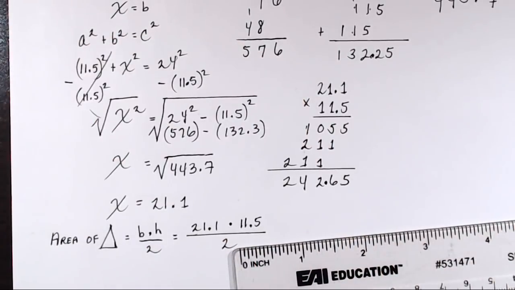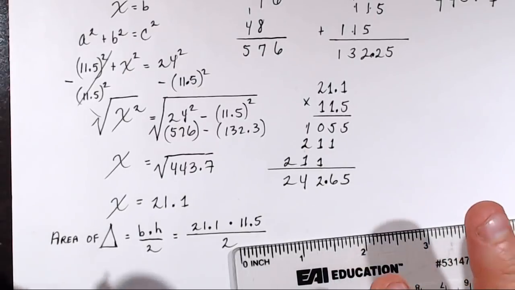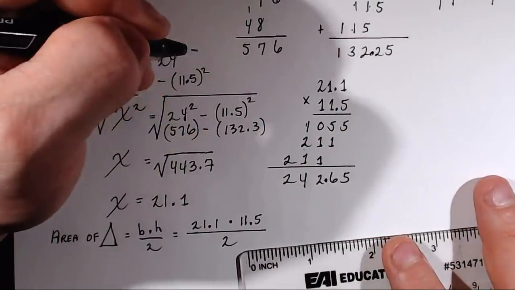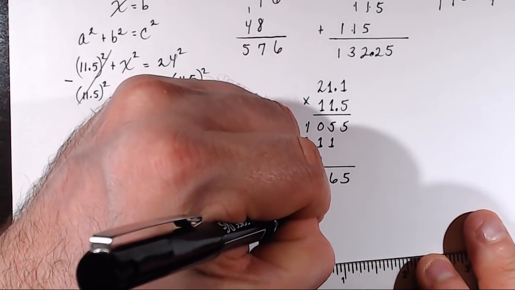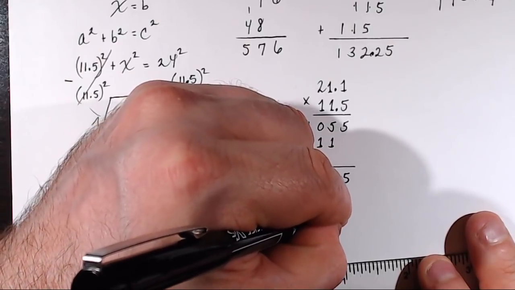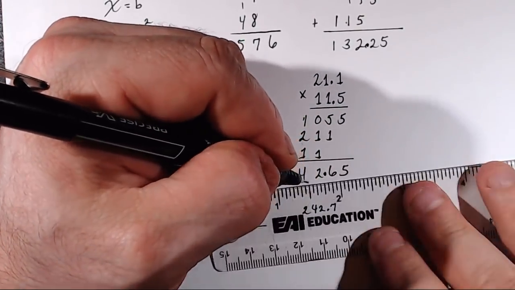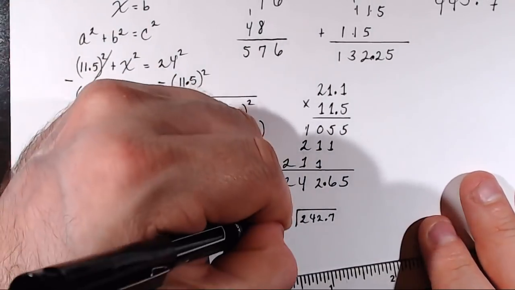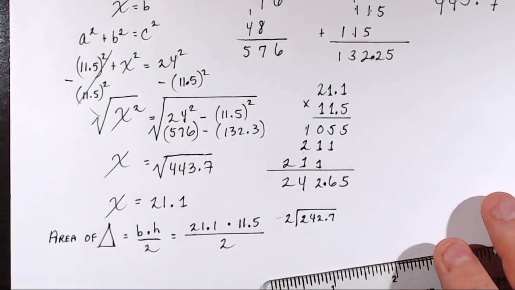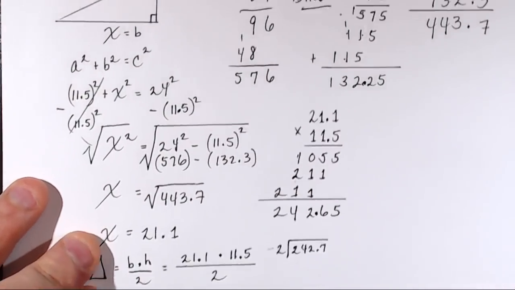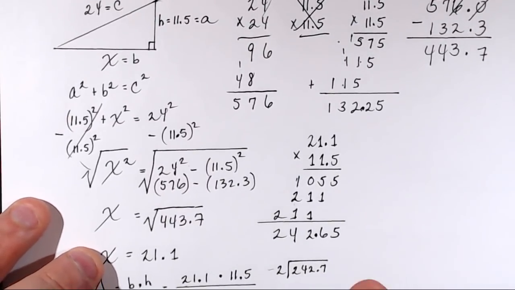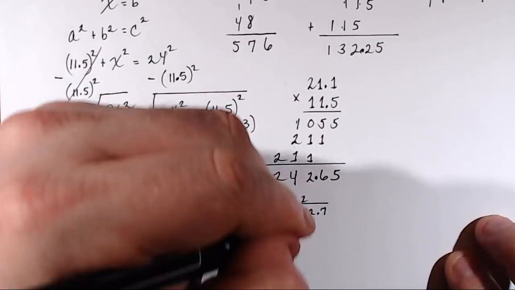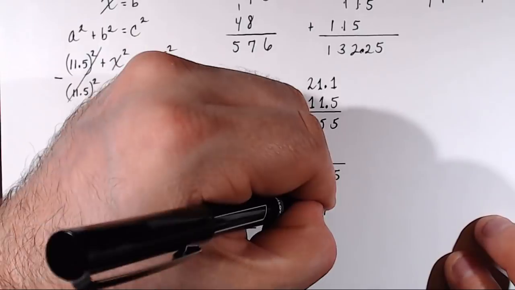It says round intermediate values. Okay, so to the tenths place. So to me, it looks like 242.7. So 242.7 divided by 2 will give us the area. Okay, so 2 goes into 2 one time, 2 goes into 4 two times, 2 goes into 1 zero times, or one time.